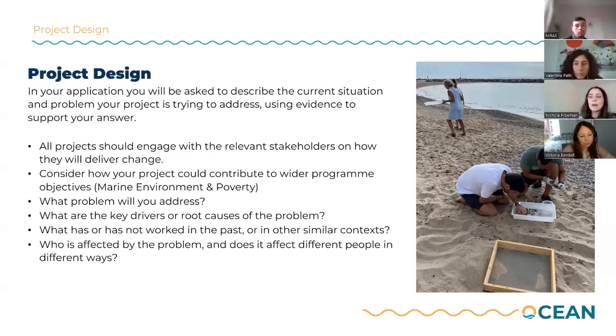We'd also like you to think about what has or has not worked in the past or in other similar contexts, because this can help you to give the evidence of why your project is the right way to address a problem. And then also to think about who is affected by the problem and whether the problem affects different people in different ways. And that will feed into how you develop your approach.